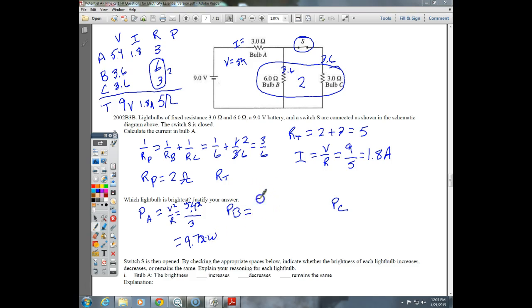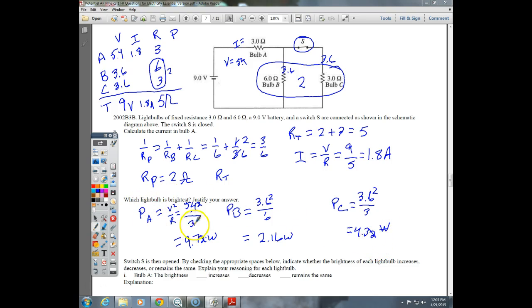We're going to do 3.6 squared divided by 6. And for letter C, we will do 3.6 squared divided by 3. So this one gives us 2.16 watts, and this one gives us 4.32 watts.